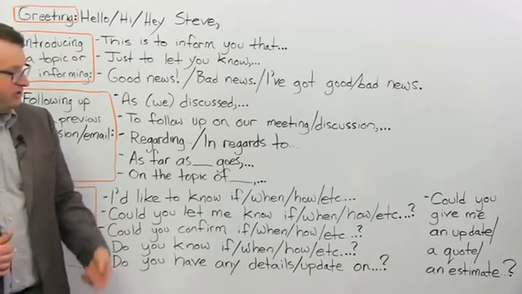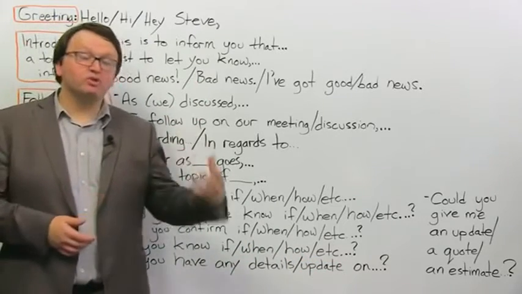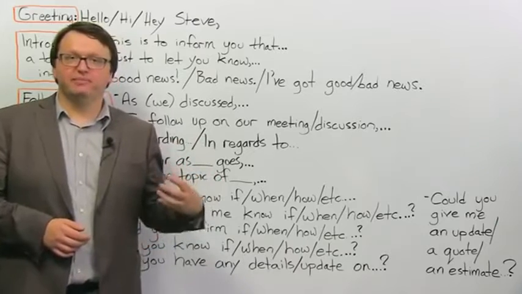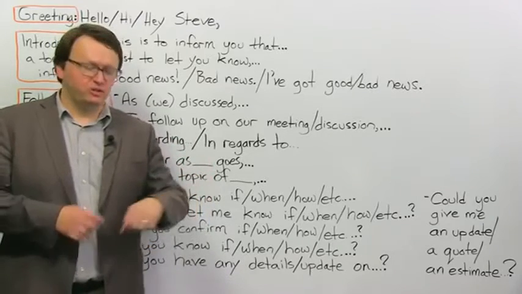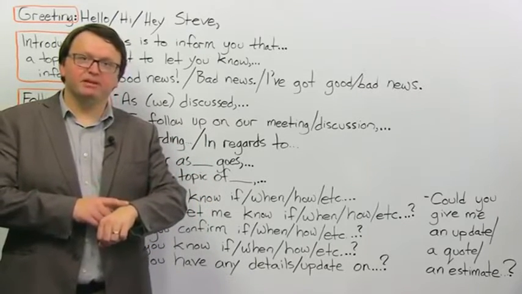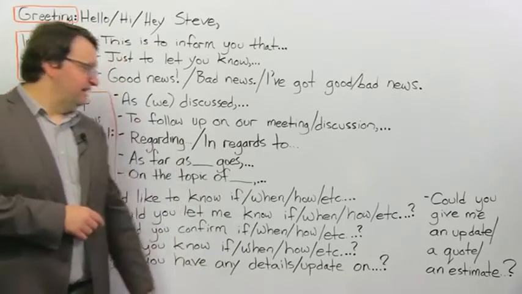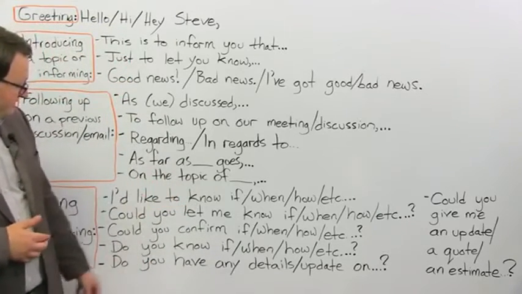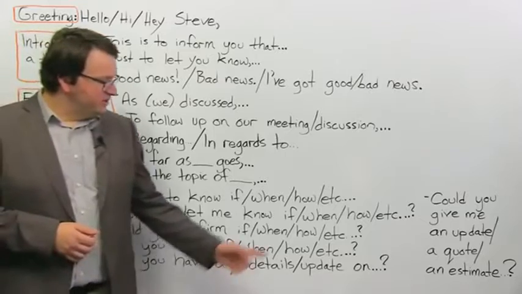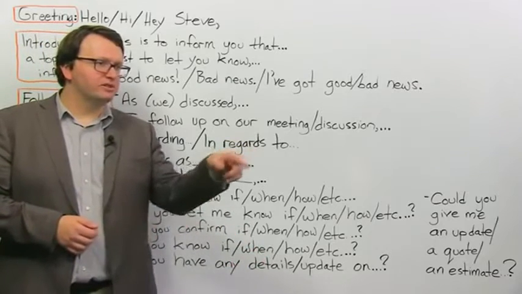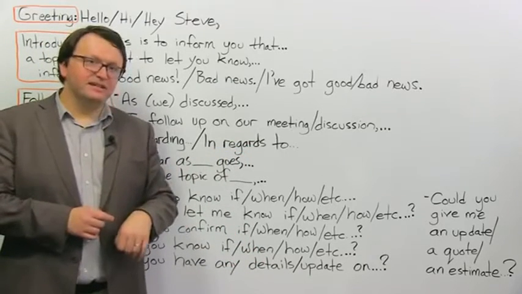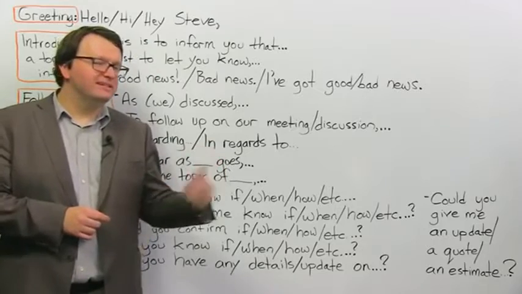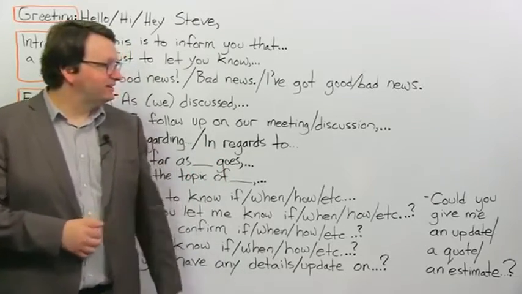Okay, so if you're ordering promotional material for your company from another company, and you've been waiting for a long time, maybe 1 week, 2 weeks, which is a long time in most businesses. So, "Hey, do you have any update on the promotional material?" "Do you have any details or any new details on the promotional material?"